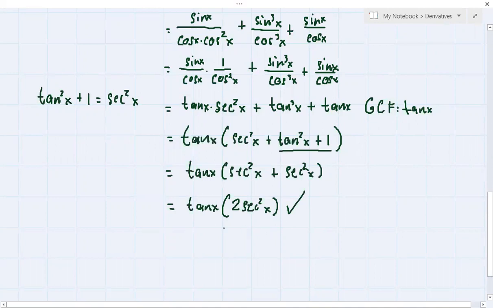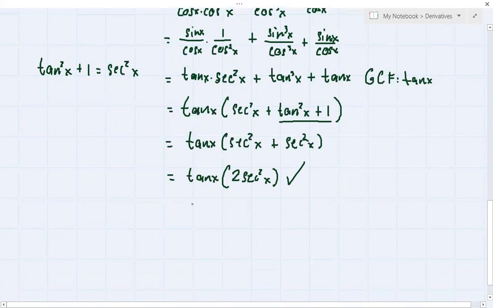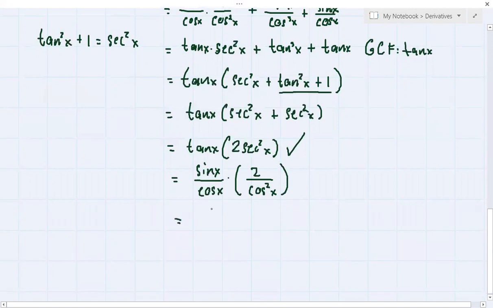Or kung gusto nyo, naka-sine or cosine function, pwede rin naman siya. Okay? We have sine x all over cosine x times quantity 2 all over cosine squared of x. So kung ipag-multiply natin silang dalawa, we will have 2 times sine x all over cosine cube of x.